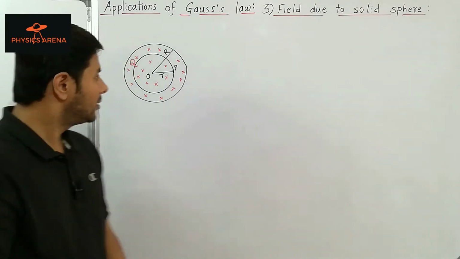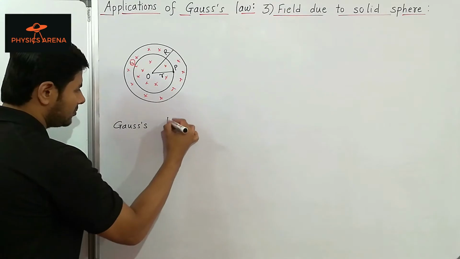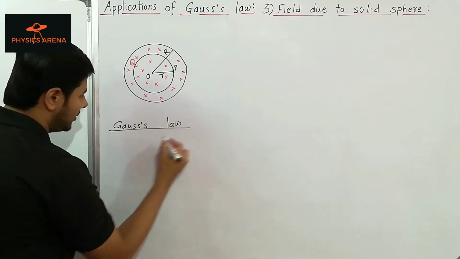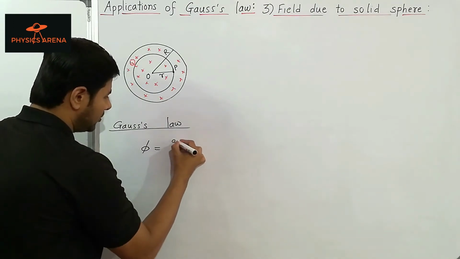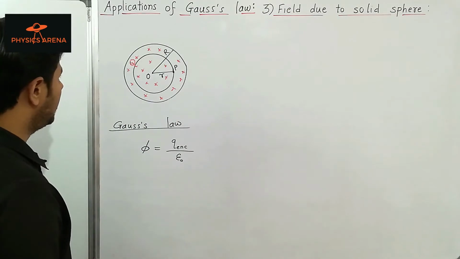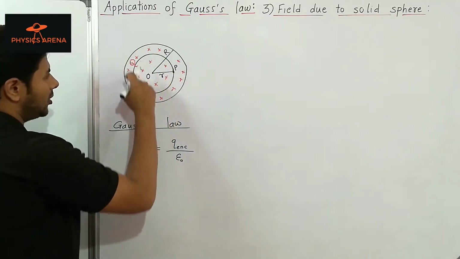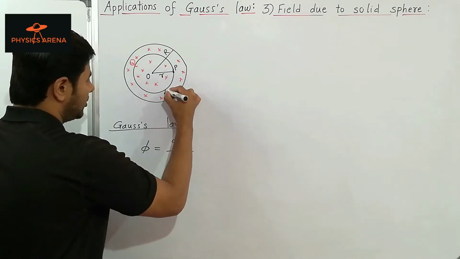Again we use Gauss's law, which tells us that phi, the flux through the Gaussian surface, is equal to charge enclosed divided by epsilon naught. And we have already drawn the Gaussian surface in this case.